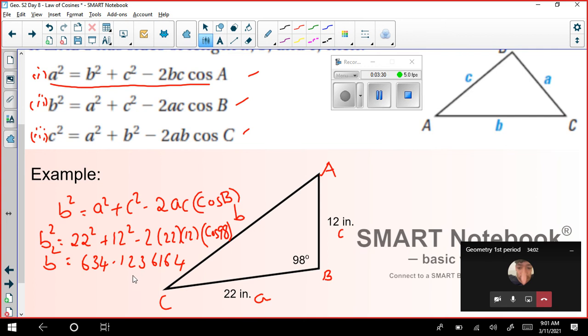Then you take the root of this answer to get the value of b, which is 25.1818, so 25.182 if I round to the third decimal.